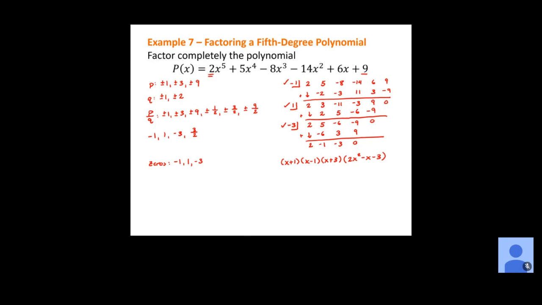So instead of continuing and doing the 3/2 next, which you could do, right? I'm just going to look at this now and see if it factors, because if it does, that'll give me the remaining zeros anyway. Well, can I factor 2x squared minus x minus 3?